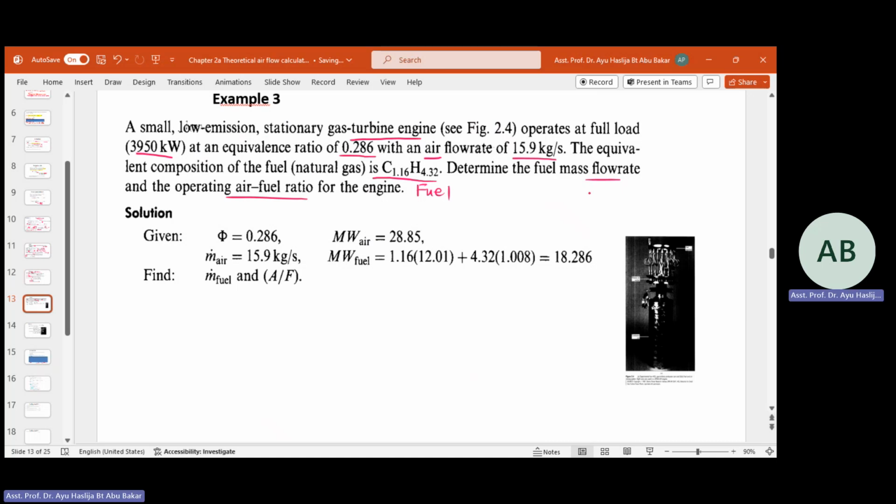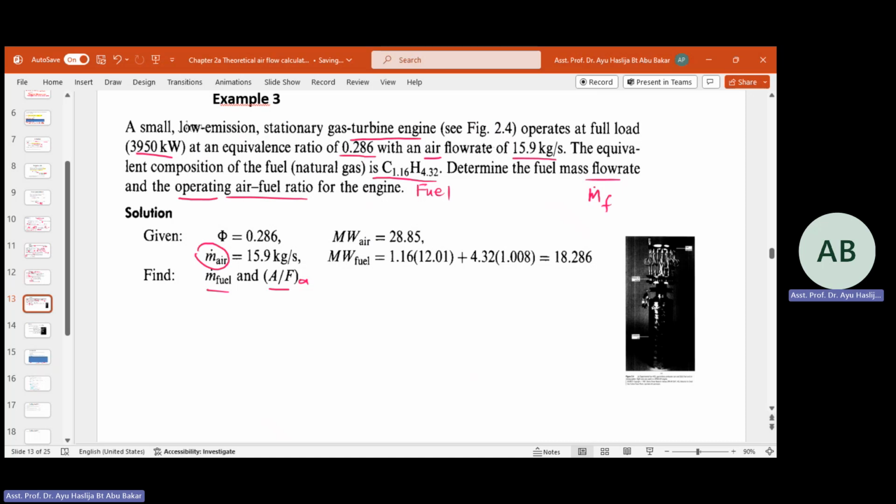So this one wants the mass flow rate, m dot. This is the air flow rate, m air. It wants m fuel and also the AF actual. How do we know it is AF actual? Because the question mentioned operating.